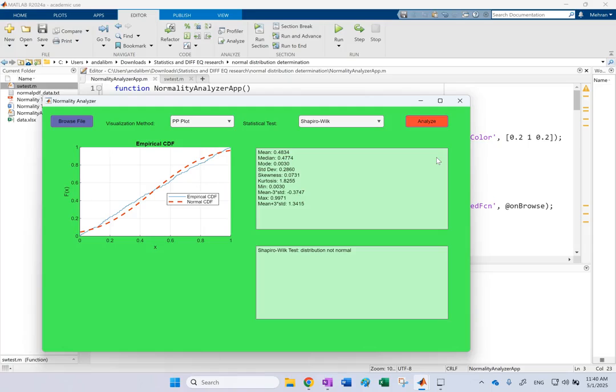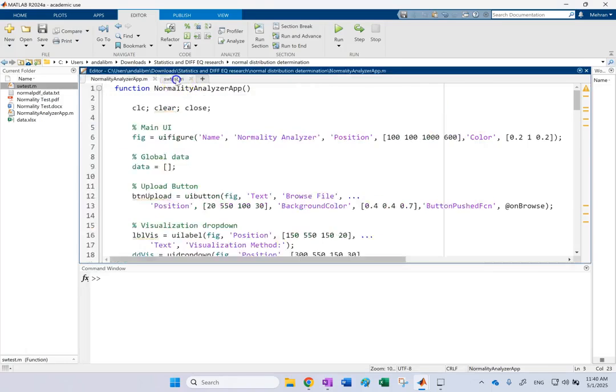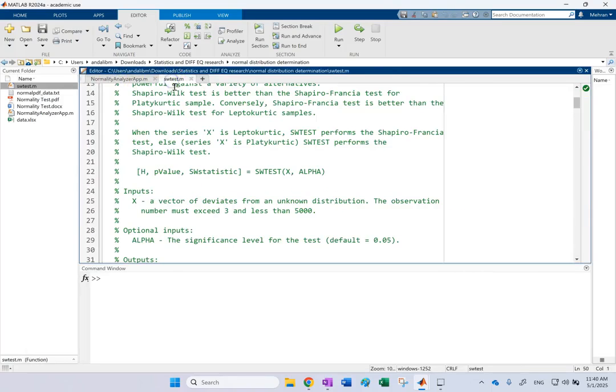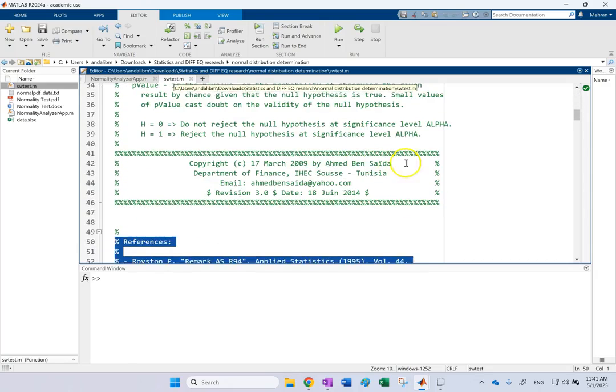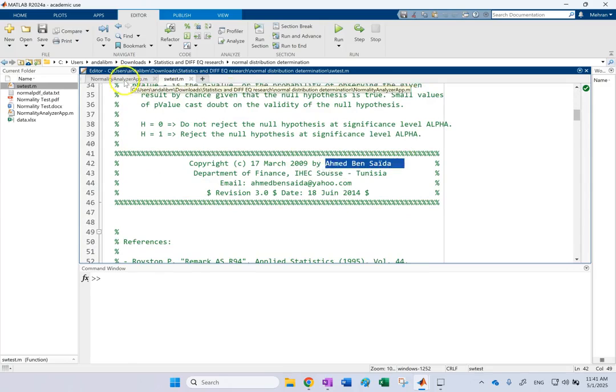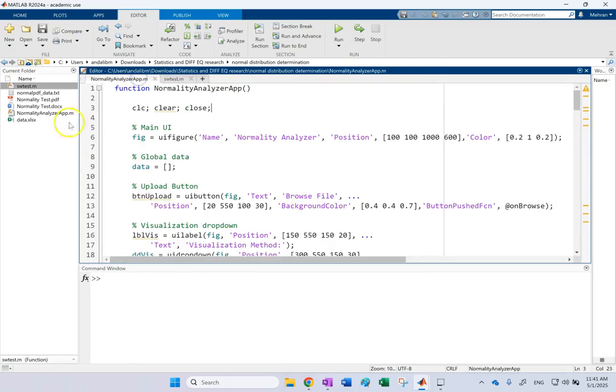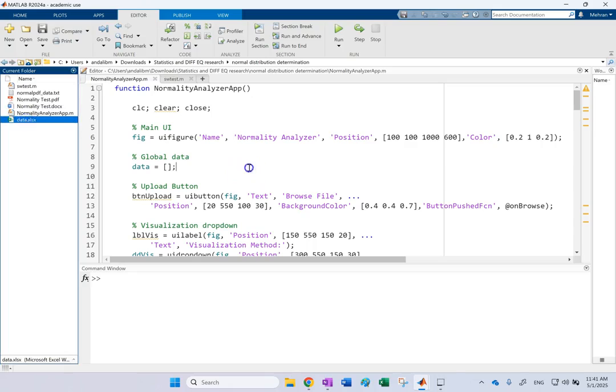Okay, so these are all sorts of things that you can do, and I give you a zip folder which has these 2 files in it. Again, this code is not mine, so the credit for that goes to this person here, Ahmed Ben Saida. And I put both of these in a zip folder along with these 2 sets of data for you to play with.